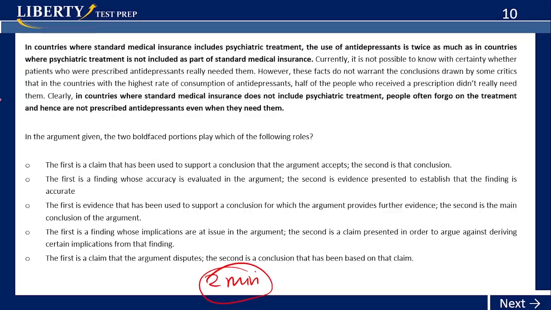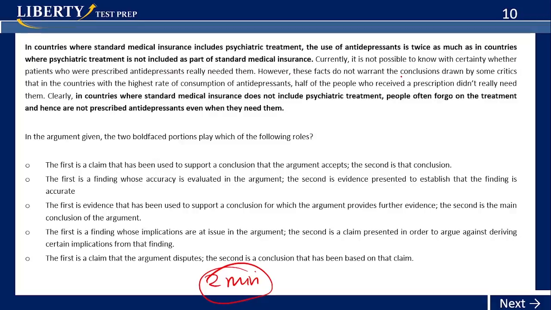So in countries where standard medical insurance includes psychiatric treatment, the use of antidepressants is twice as much as in countries where psychiatric treatment is not included as part of standard medical insurance. Currently, it is not possible to know with certainty whether patients who are prescribed antidepressants really need them.